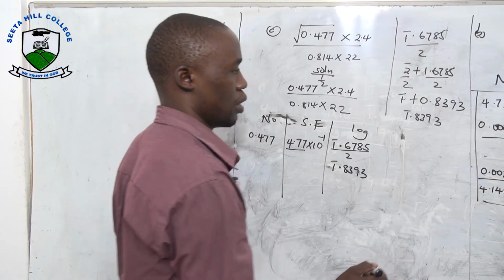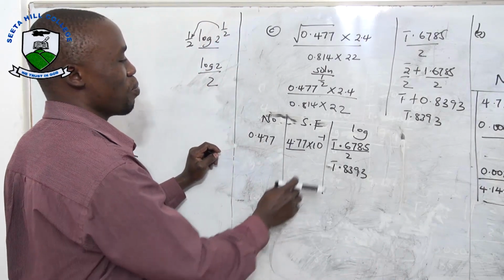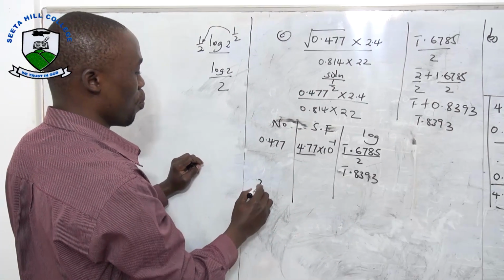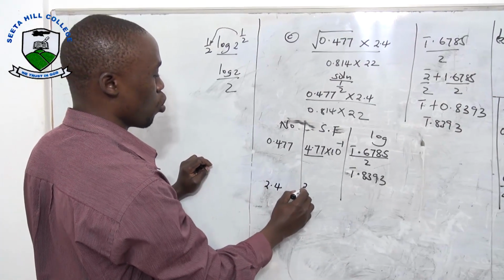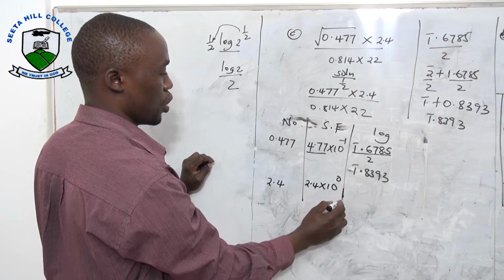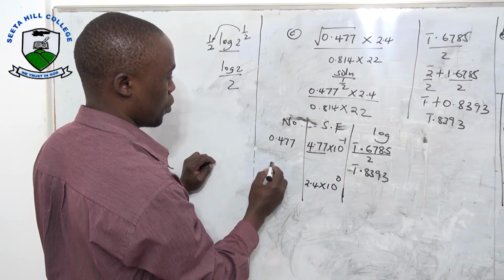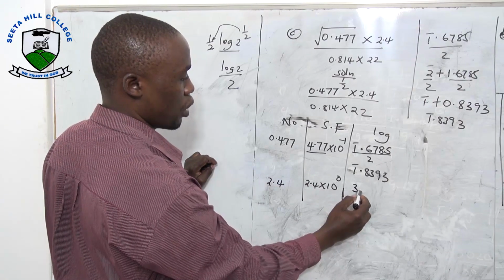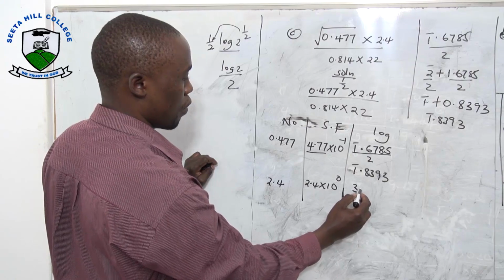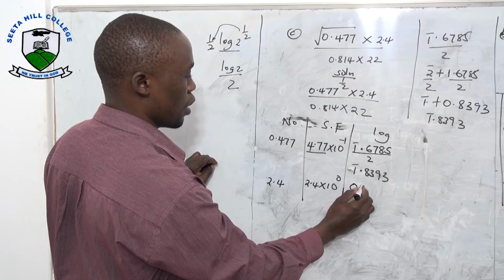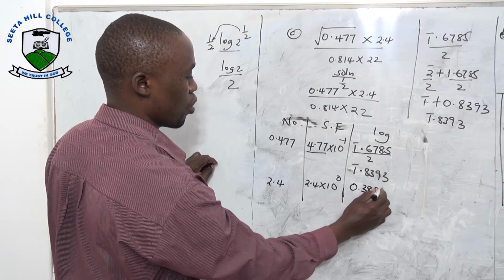See? Then we bring this into play, not so? So 2.4 will become 2.4 times 10 to the power what? 0. What do you get? 0.302.